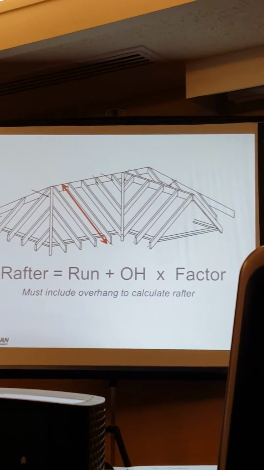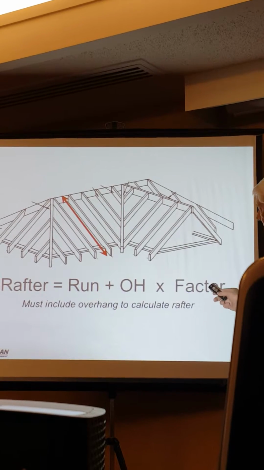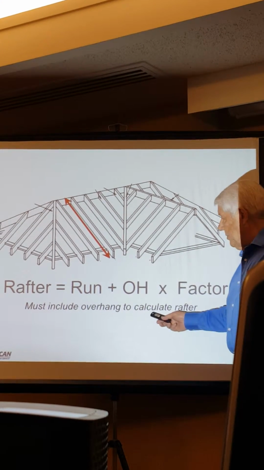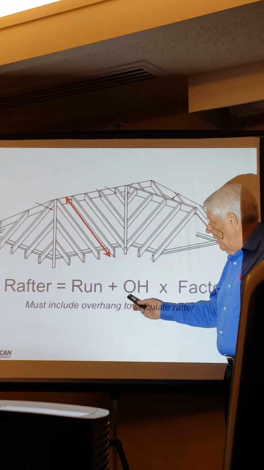The formula for a rafter is the run plus the overhang times the factor. Now you see, you must include the overhang because it's in the formula here.